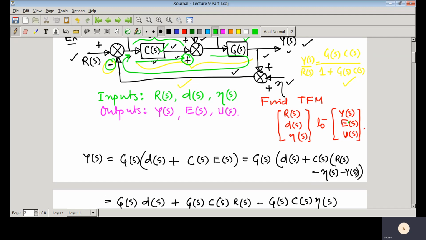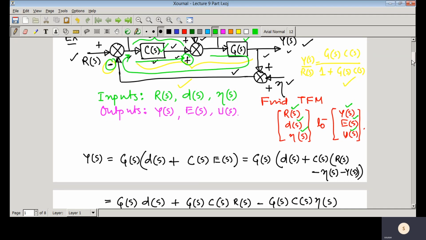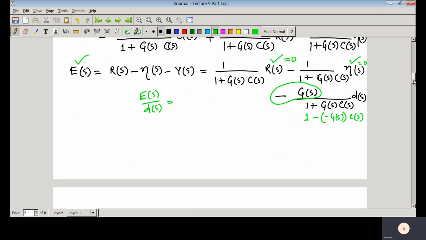We need to find the transfer function from R(s), D(s), eta(s) to Y(s), E(s), U(s). Already we have written the expressions of Y(s), E(s) and U(s) in terms of R(s), D(s) and eta(s). So let us write it in matrix form.